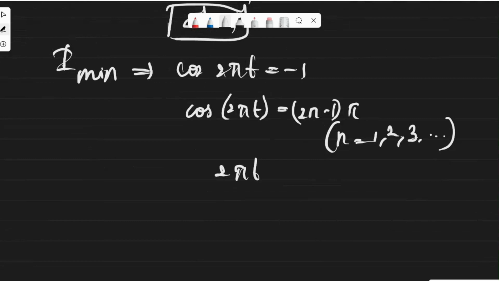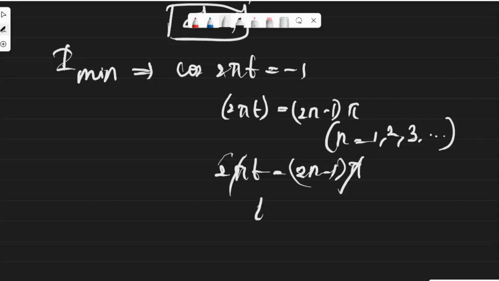Next, 2πt will be equal to (2n minus 1)π, the π gets cancelled. So t is equal to (2n minus 1) by 2.